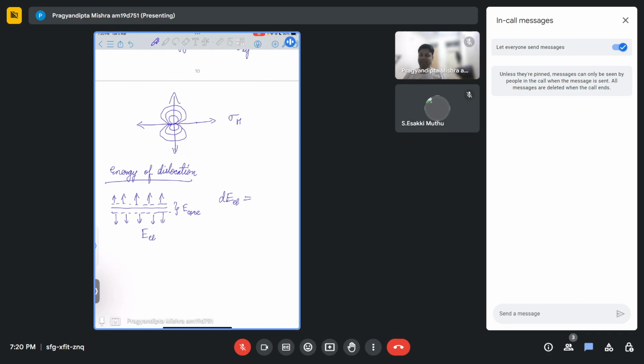So this is the form you can use to find the energy. In the end, my total energy would be equal to E core plus E elastic.